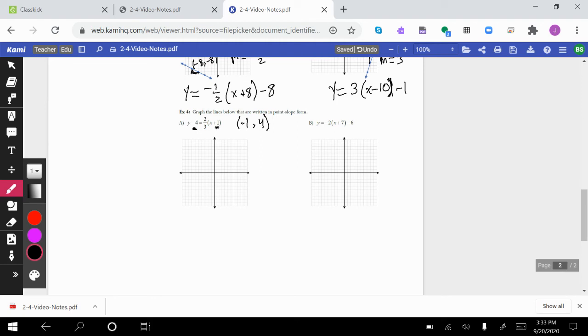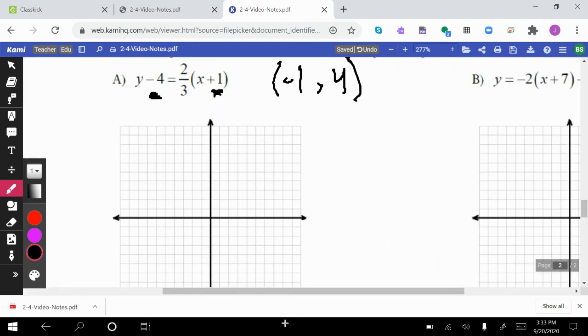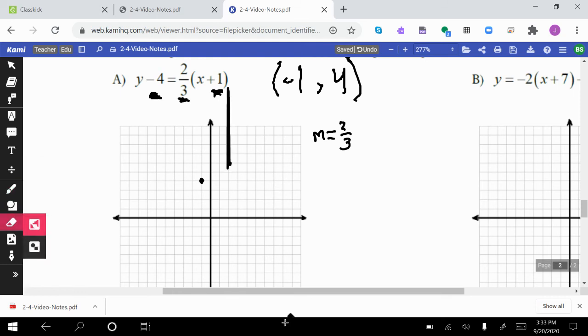So that's the first point that I'm going to plot, and I'm going to see if I can zoom in here, okay? So -1, and then up 4, 1, 2, 3, 4. And we know our slope is 2/3, right? That comes from over here. So that means I'm going to be going up 2 and over 3. Let's try it again. Up 1, 2, over 3.